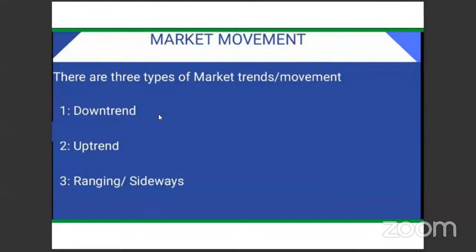Now the market has formed an uptrend. Now the market is moving sideways. And the way you trade when the market is on a downtrend is not the same way you trade when the market is on an uptrend. It's not the same way you analyze the market when the market is sideways.